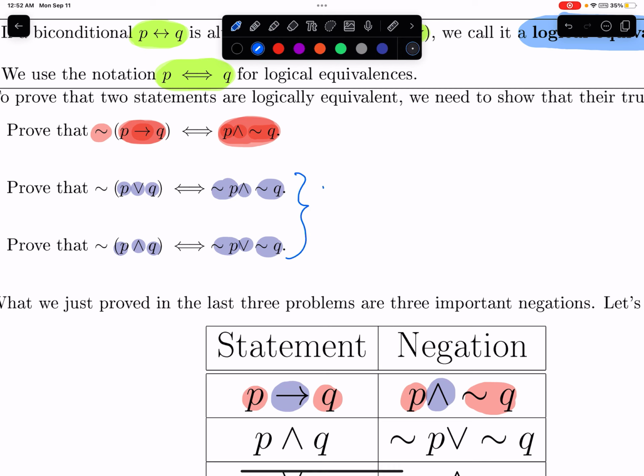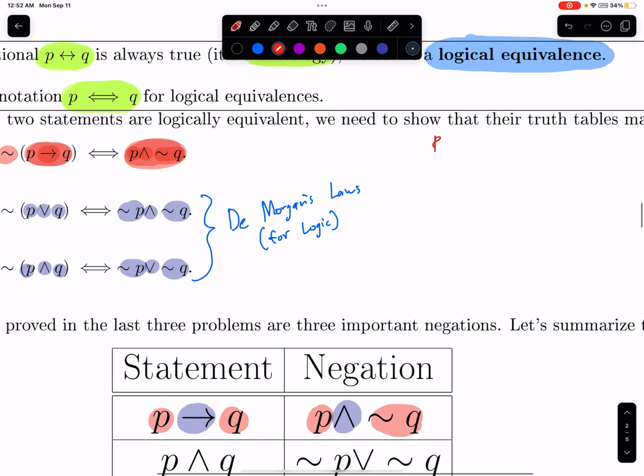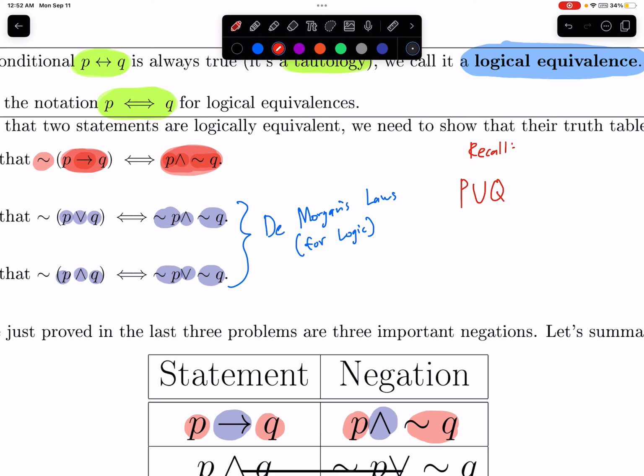Okay, just recall, what were De Morgan's laws for sets? For sets, let's use P's and Q's just so we can see the parallel more clearly. If I had P or Q as a set and I wanted to negate that, I would take the complement, right? The complement of that was equal to negating each individual side and reversing that center from an or to an and.